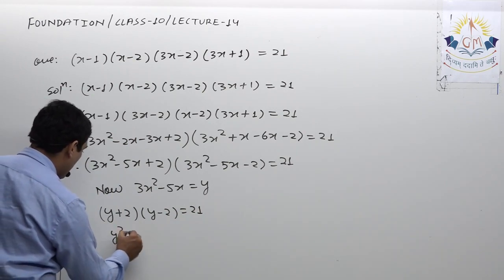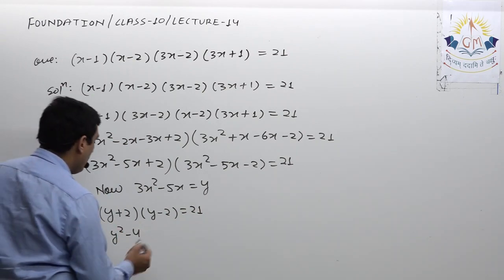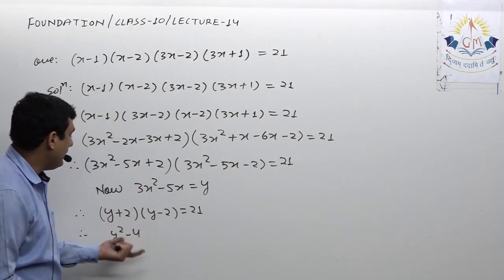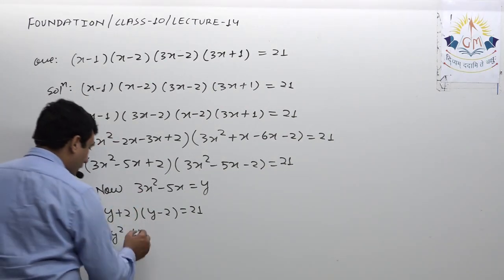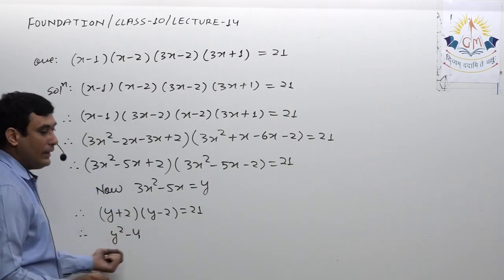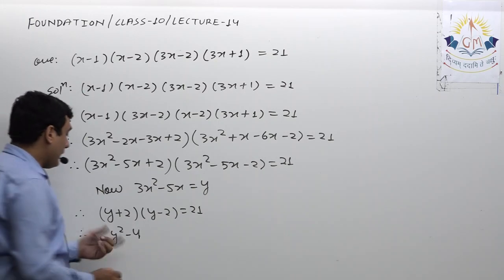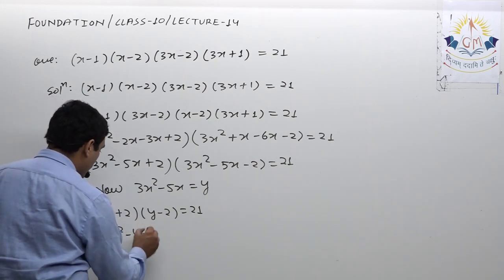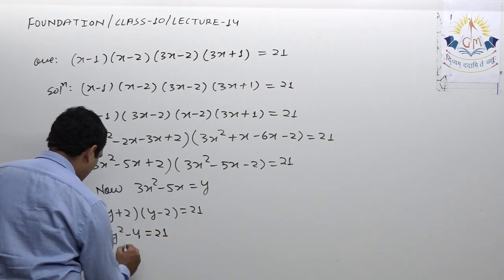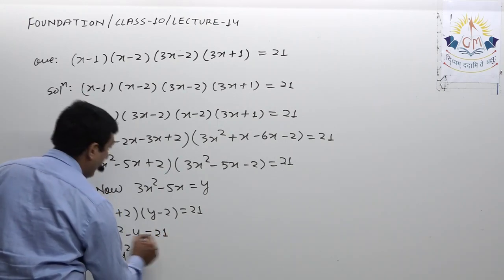Therefore y square minus 4. This is comparatively easier because directly there isn't any term of y. No doubt it's a quadratic equation only, but this is a binomial in which the second term is not there. So y square minus 4 is equal to 21. Therefore y square is equal to 25.